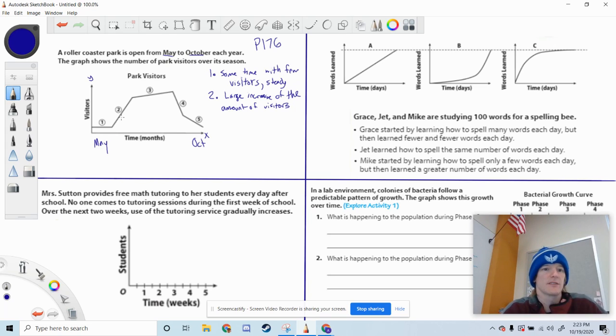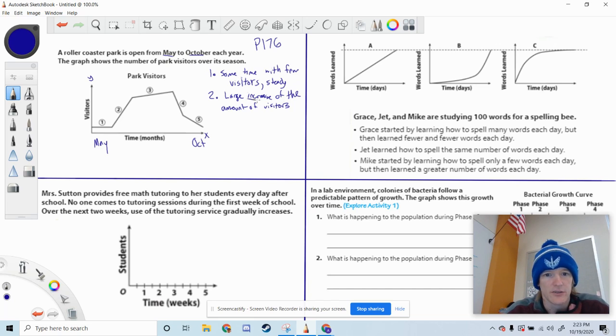So what's happening in this problem is probably summer's kind of taking off. The weather's getting nice, the sun's coming out, it's getting warmer, and people are feeling like, hey, it's about time for us to go to this amusement park. We want to go ride some roller coasters because it's beautiful outside. Summer's kicking in, weather's getting nice. So we see a large increase in the amount of visitors.